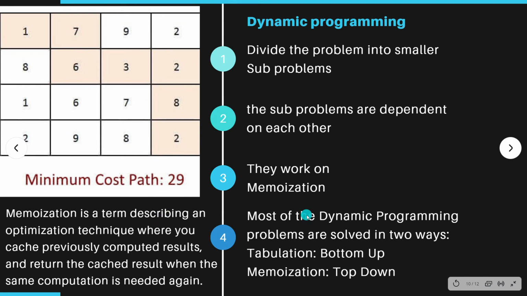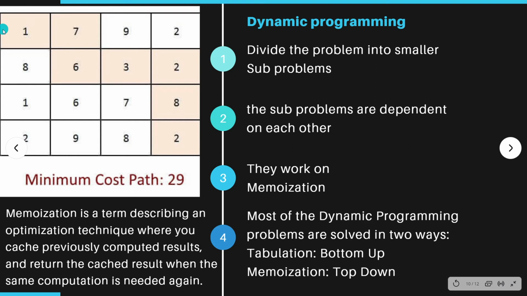Most dynamic programming problems are solved in two ways, that is tabulation, the bottom up approach, or memoization, that is the top down approach. We will see it in examples, so you will understand more. Here, understand the basic idea of what dynamic programming is. Here we have a 2 by 2 array, and we have to find the minimum cost path to reach from this index to this last index.